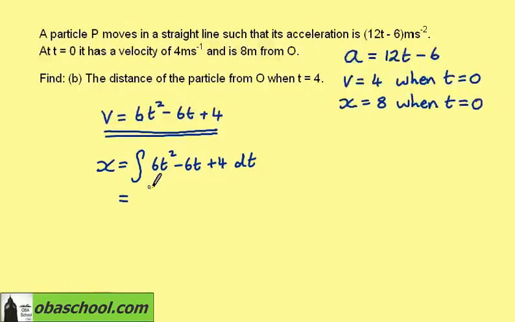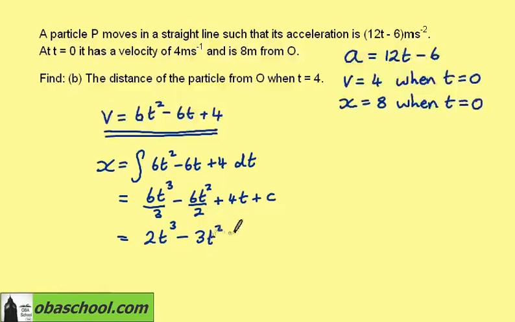This is going to be 6t cubed over 3, take away 6t squared over 2, plus 4t plus a constant. And tidying, this gives us 2t cubed, take away 3t squared, plus 4t plus c.